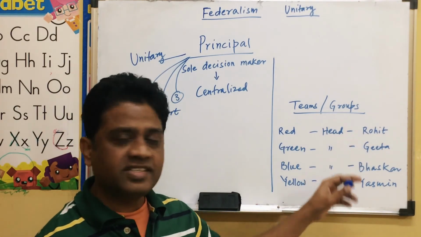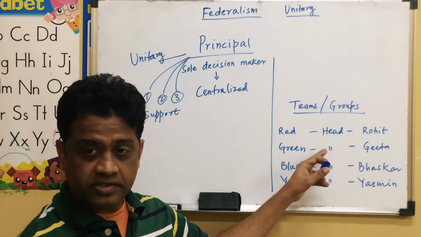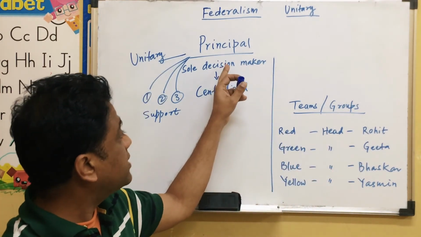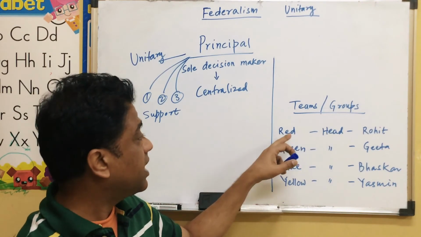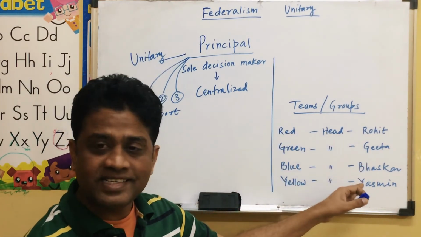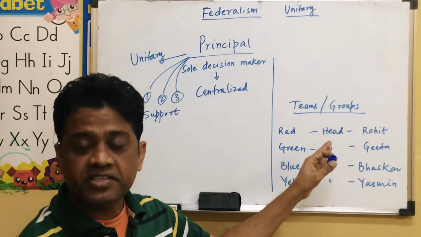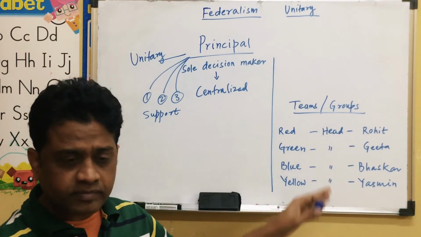Here you can see that individual heads are taking decisions. The principal has not come to take decisions on behalf of the red, green, blue or yellow team. Each of these heads is a decision maker, right?